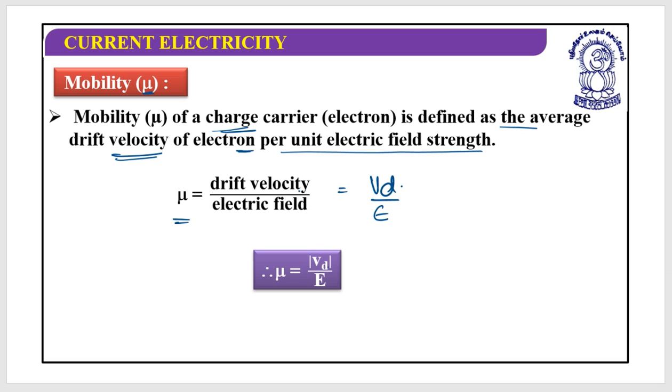If I write down the value of drift velocity Vd, it is eE divided by m into tau, divided by E. So it's e multiplied by tau divided by m. This is mu, mobility.